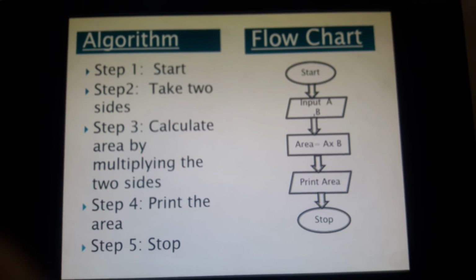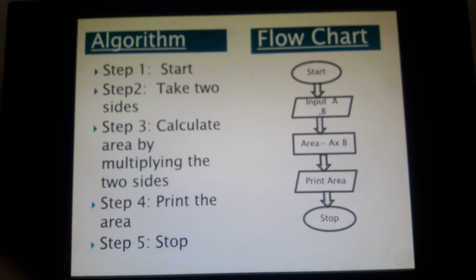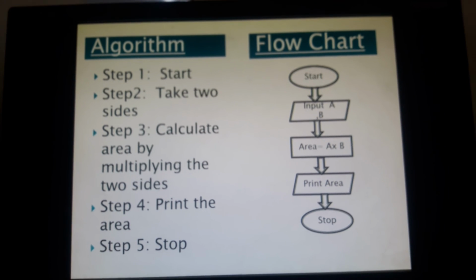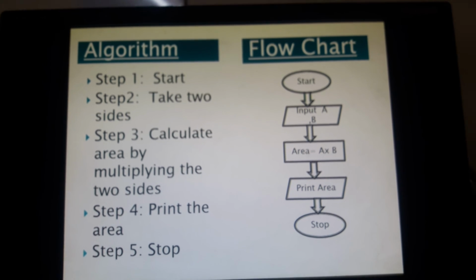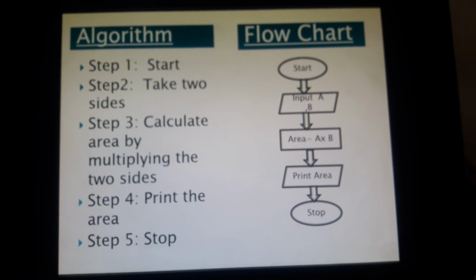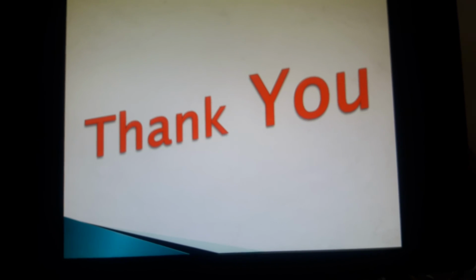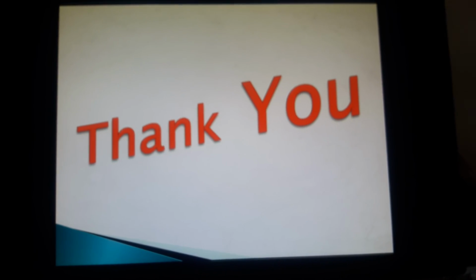You can take help of the book, and you can create algorithm for addition, subtraction, multiplication and division, and this algorithm can be converted into flowchart. So I hope you must have understood what is algorithm, what is flowchart, and how to create algorithm and flowchart for particular problems.